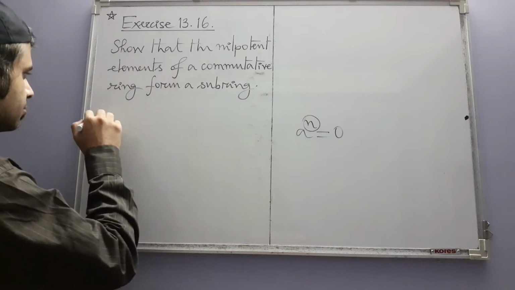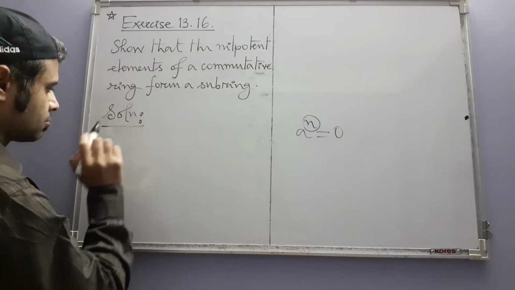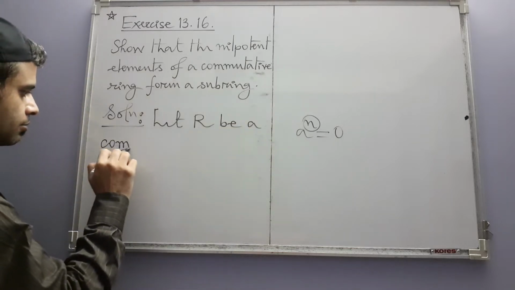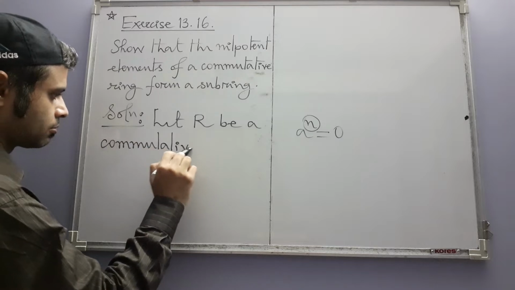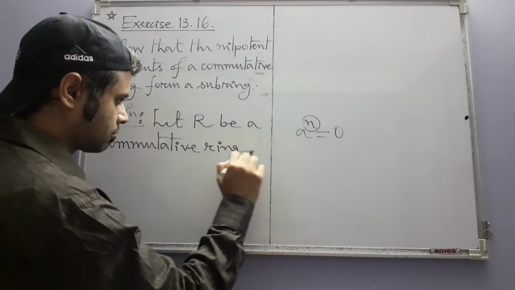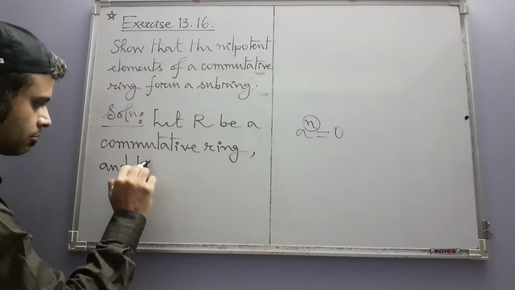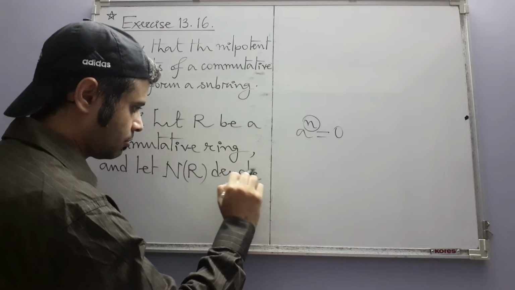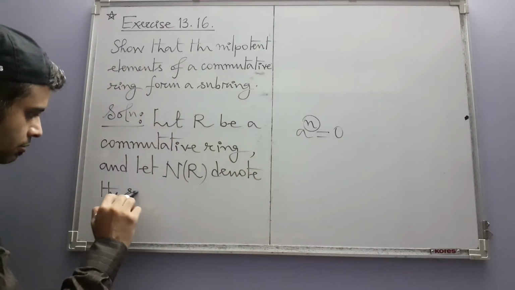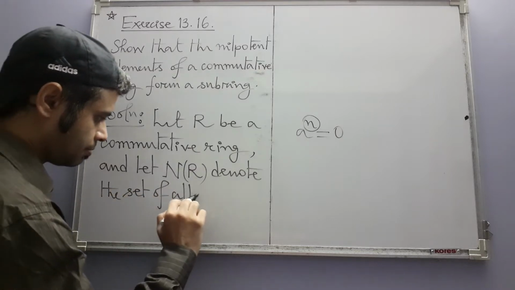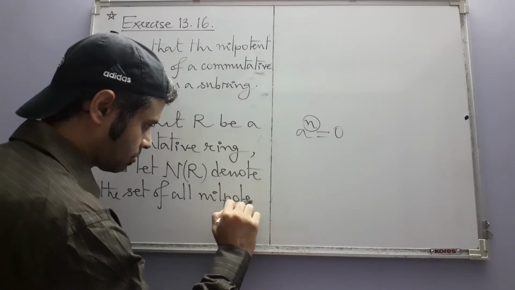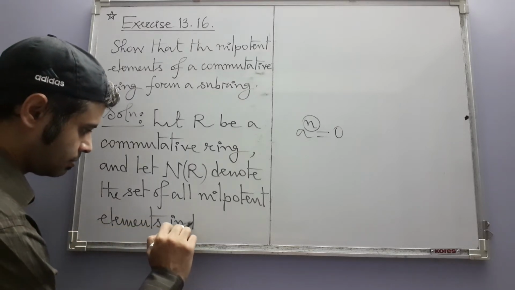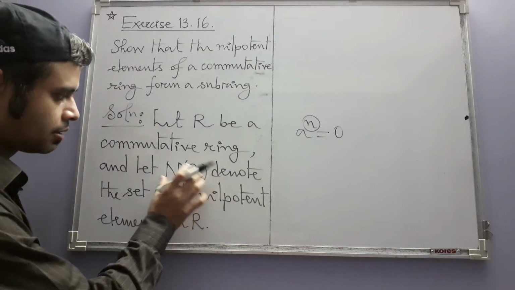So let's see how we can solve this. Let R be a commutative ring, and let N of R denote the set of all nilpotent elements in R. If you want, you can of course use some other symbol to denote this set.